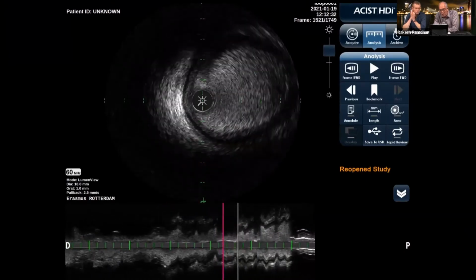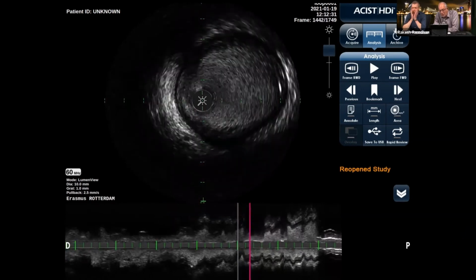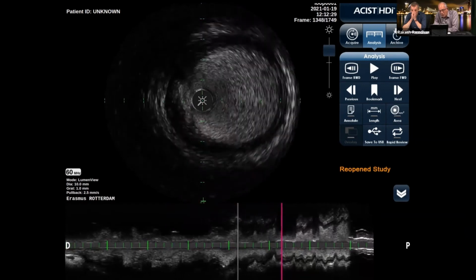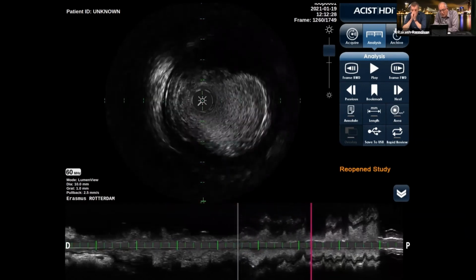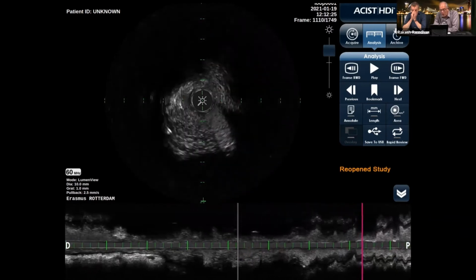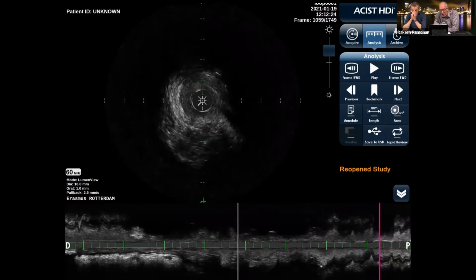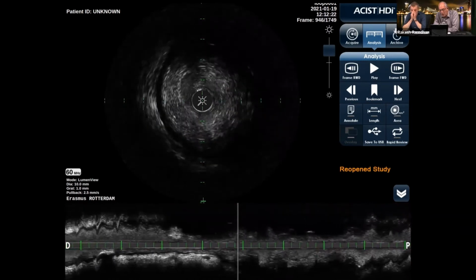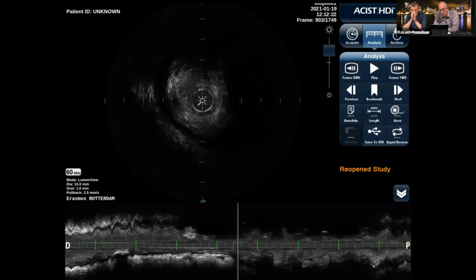We couldn't see the plaque rupture in here yet. Some thrombus has some calcium. Here you can also recognize a bit of the slower, turbulent flow in there. But here we see in the mid RCA a huge thrombotic lesion with a small lumen.